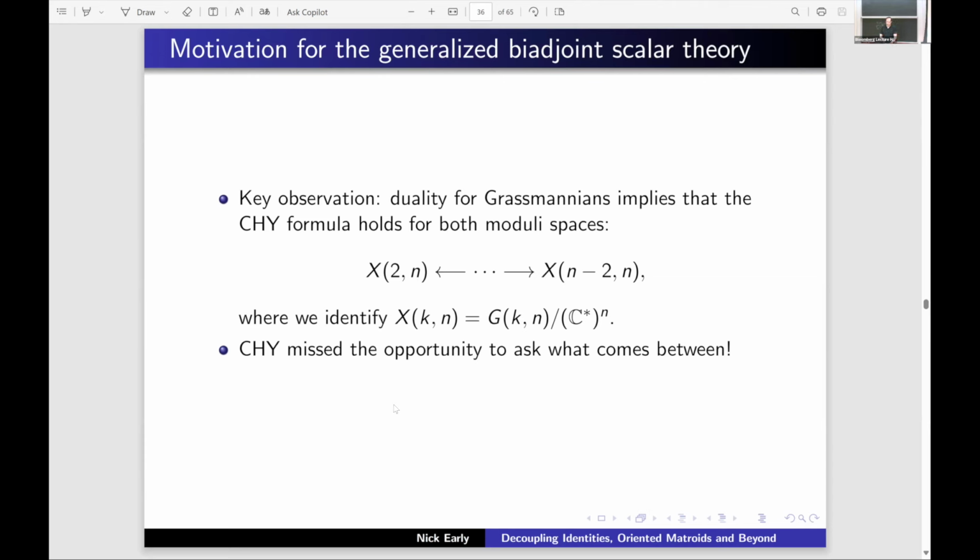That says that you should have a dual copy of phi cubed amplitudes formulated on the dual Grassmannian modulo torus. So what we'd like to say is that CHY sort of missed the opportunity to ask what comes between these two copies. And what comes between is the formula with Sebastian and Alfredo that we exploit.